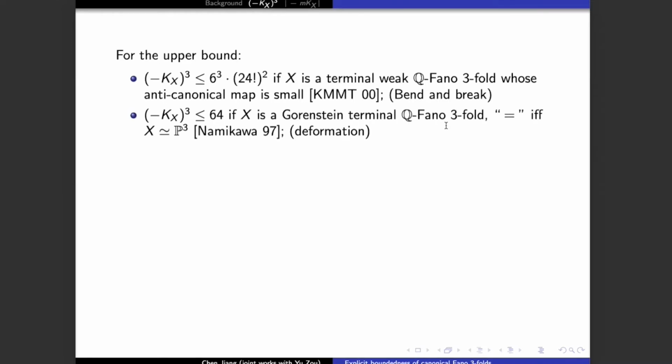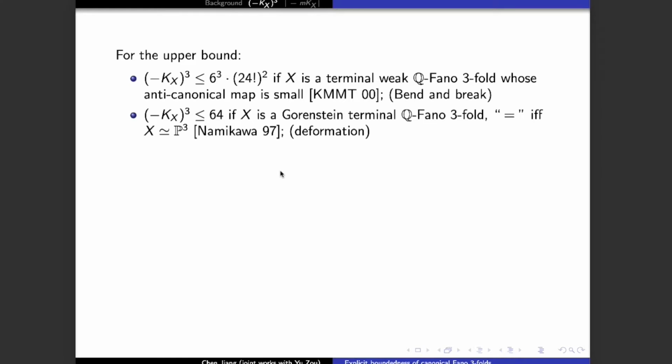And if you assume that X is Gorenstein and terminal, then the upper bound is 64. So this is optimal. This is due to Namikawa, by studying the deformation of X. He showed that such X is always smoothable. So then the upper bound of the volume is the same as for smooth Fano threefolds, which is just P3.